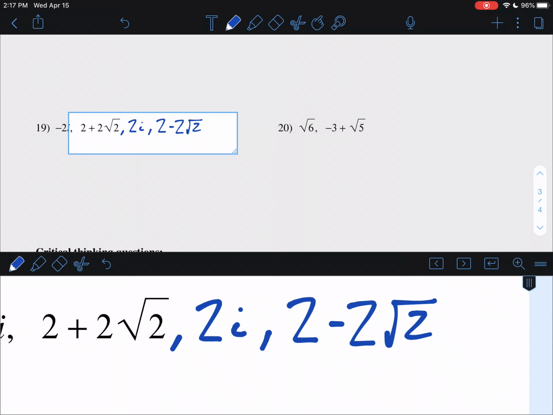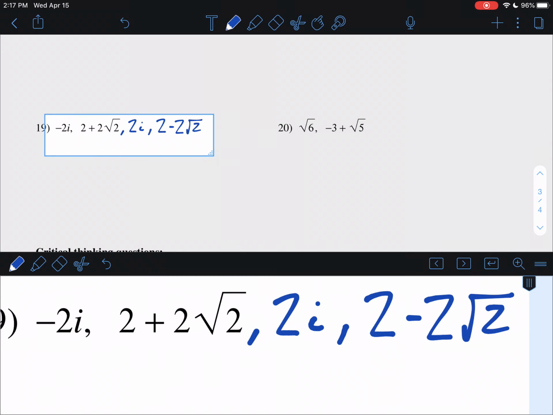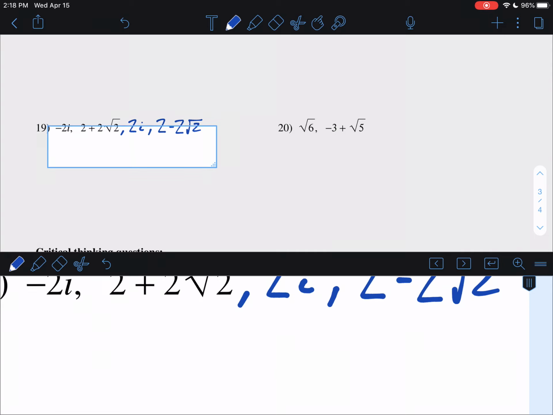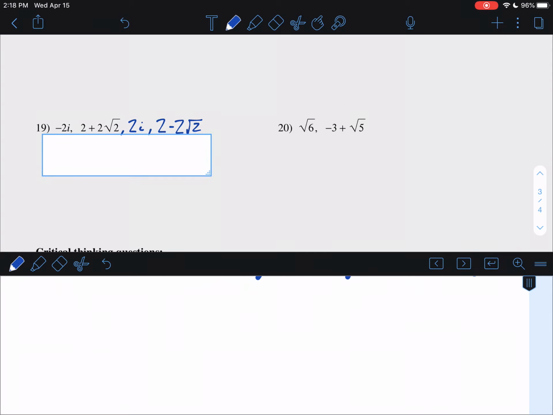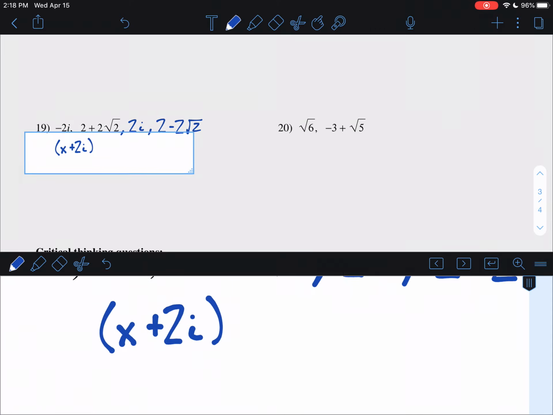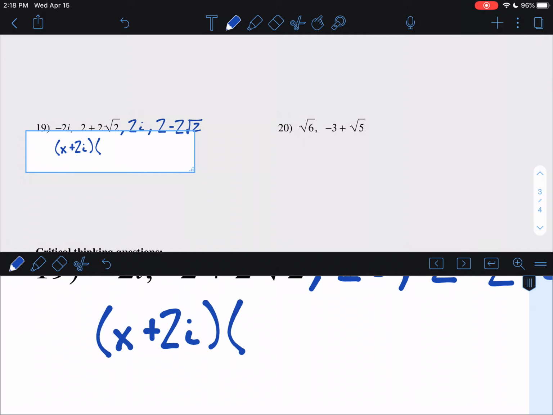All right, so now let's get into it. When we construct our polynomial in factored form, I'm going to have x plus 2i. And I'm just going to rearrange some factors here, just so things will be easier to multiply together.